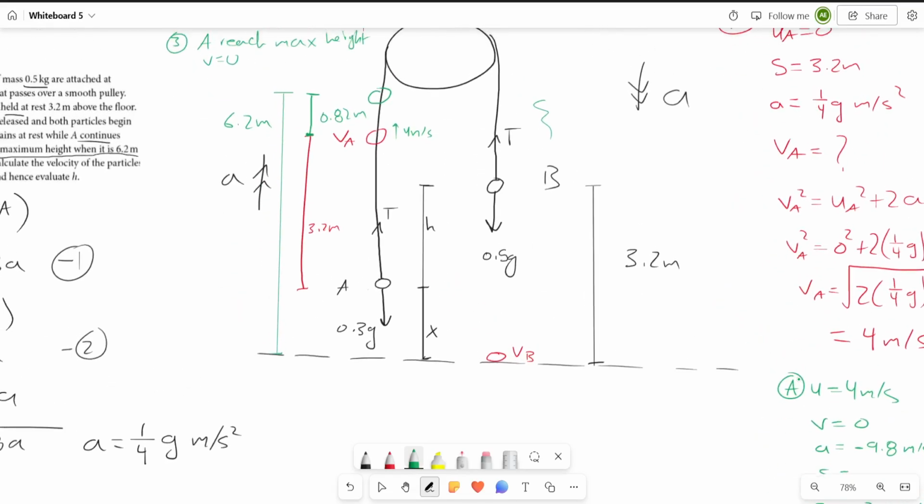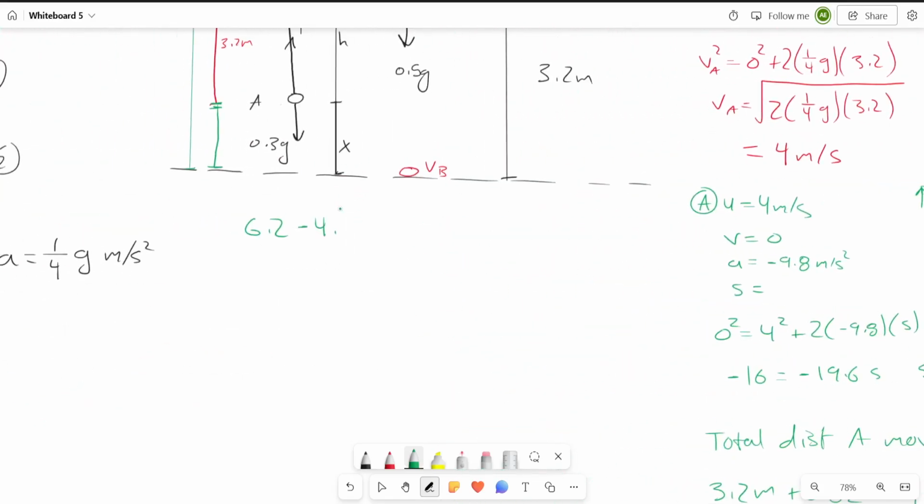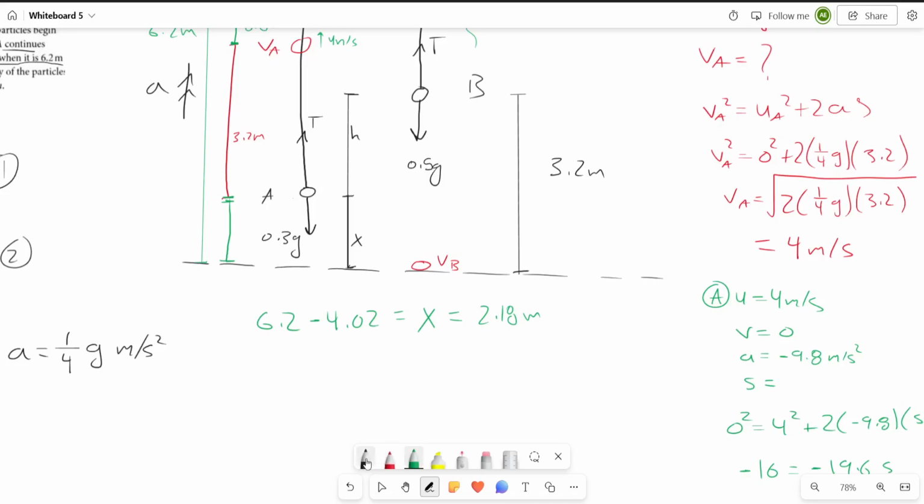I know that my maximum height is 6.2, and this part from here to here is basically 4 meters. So I can get my x by doing 6.2 minus the 4.02 meters that I got. This is going to give me x, which equals 2.18 meters.